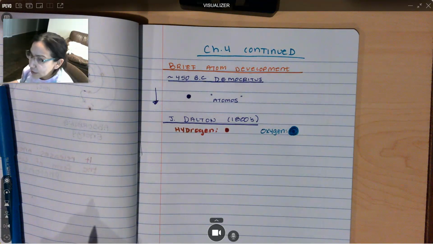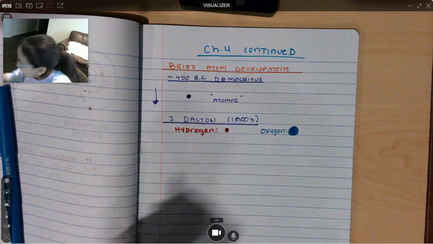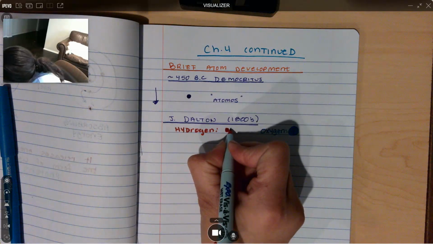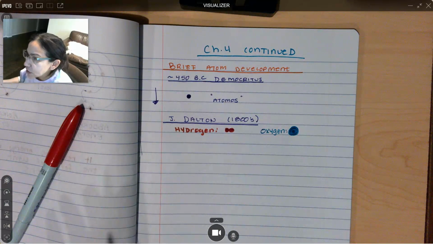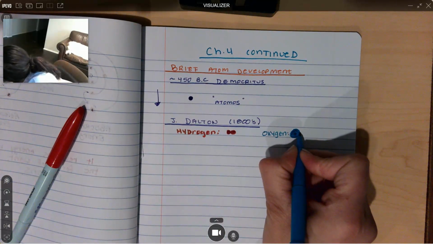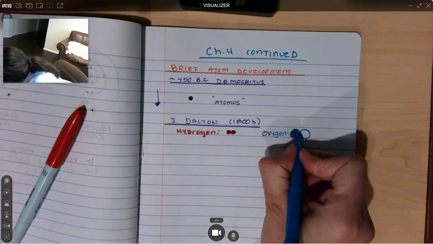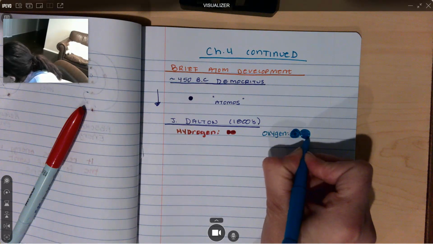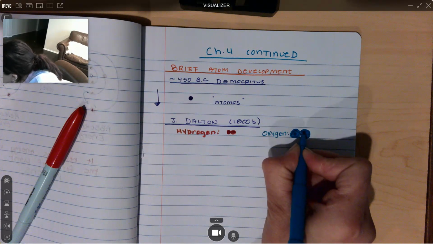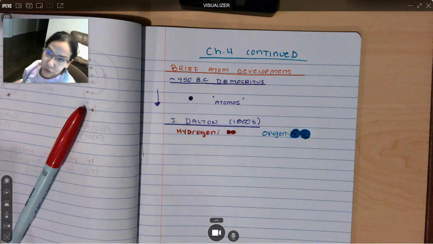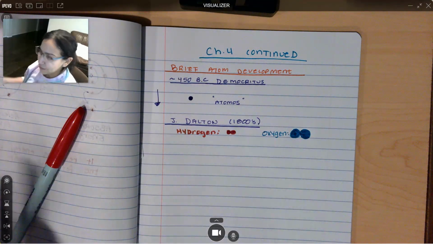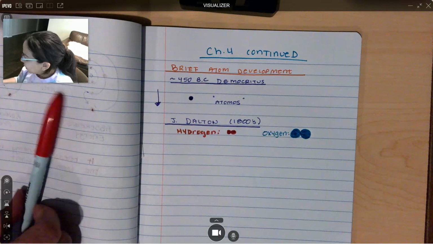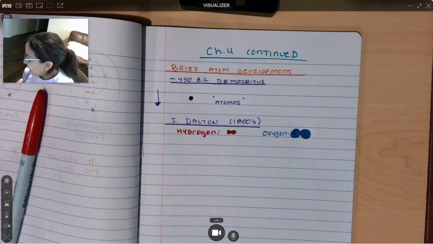Now, we know that hydrogen is diatomic, so that means it comes in twos. And oxygen is also diatomic, so it also comes in twos. Now, I fill them in because they're going to be solid spheres still. Well, we haven't had the microscope technology to figure out what's inside an atom. All right, now they're going to go ahead and combine together.